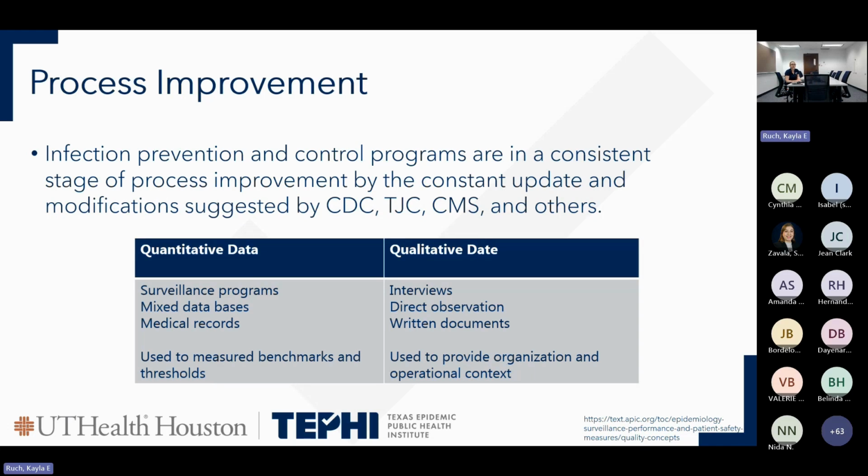And when we look at quality, the first thing that you want to look at is your process improvement. So what needs to be assessed in your facility to potentially get a better outcome.